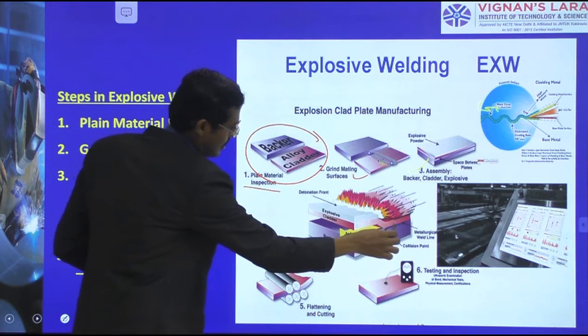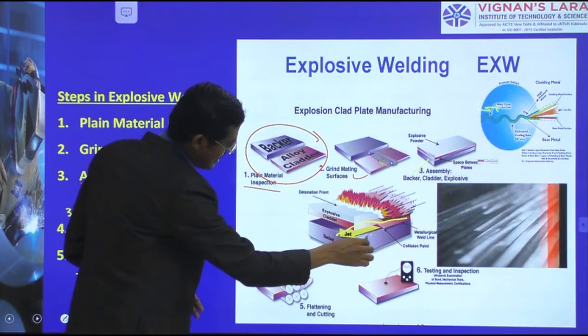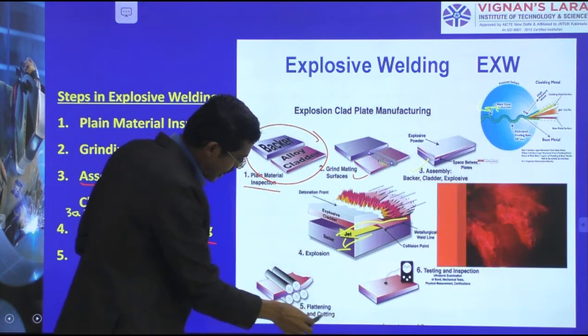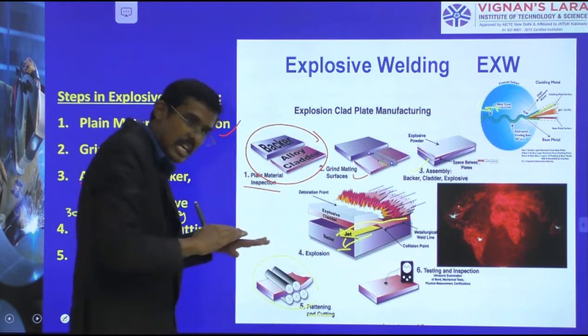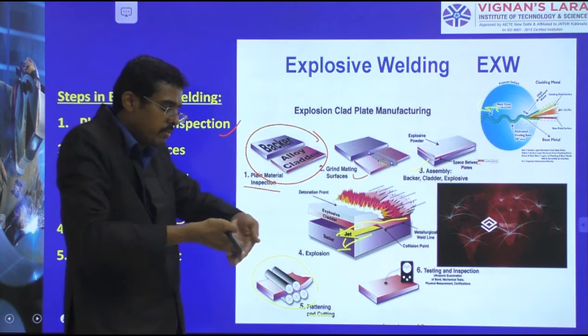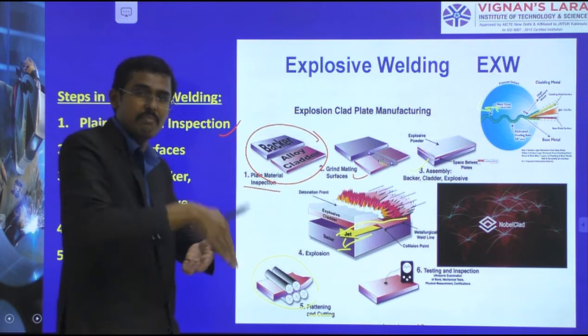At last, you see here how the blast happens and comes quickly as a jet force. Then if required, we can go for flattening and cutting, straightening, because due to this impact sometimes the base material also gets distorted due to the high force of heat and high velocity impinging.